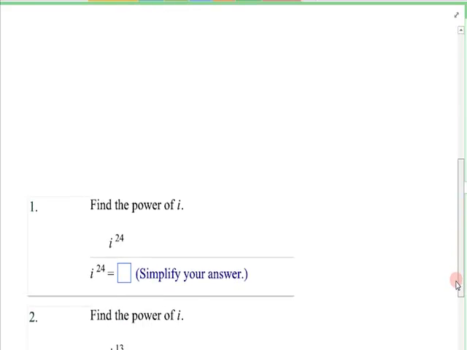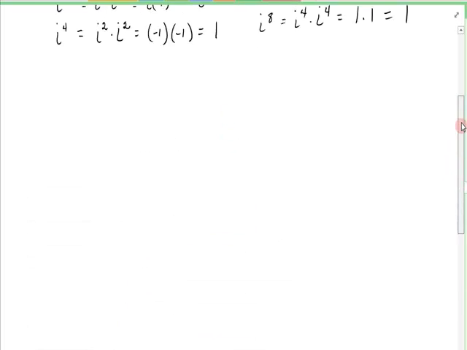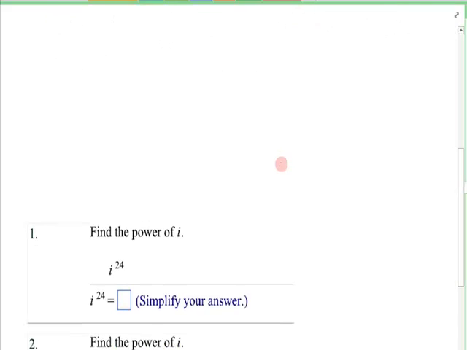Let's take a look. The first one says, what is i to the 24th? Well, you could do this. Remember that i to the first is i, i to the second is -1, i to the third is -i, and i to the fourth is 1. Although I am not going to recommend this, let me just show you. You could say, oh, I need to get i to the 24th.